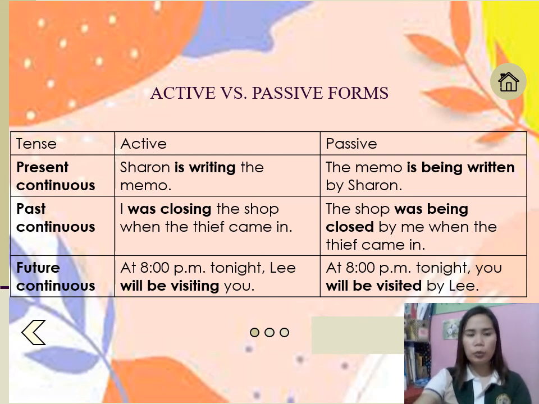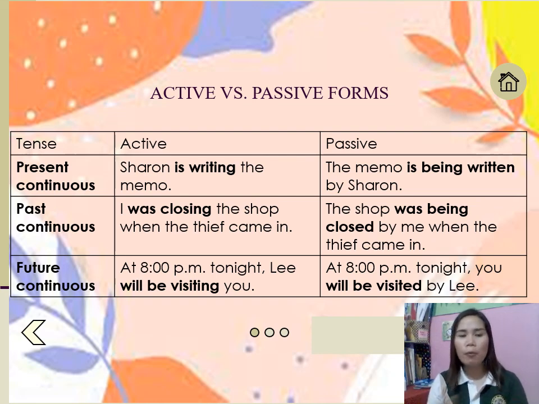All right, let's go to past progressive, or past continuous. I was closing the shop when the thief came in. Our verb is was closing. In passive, the shop was being closed by me when the thief came in.